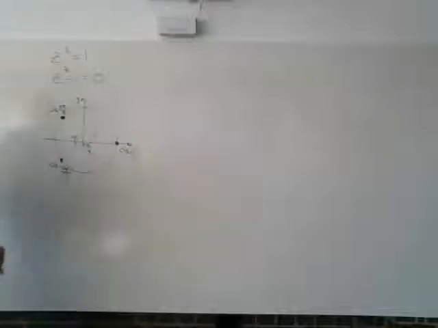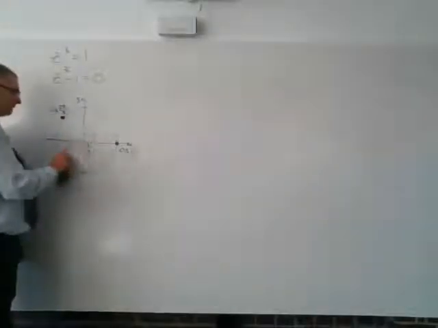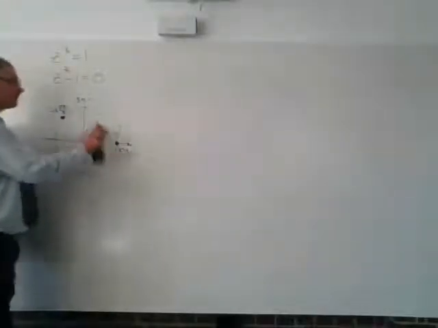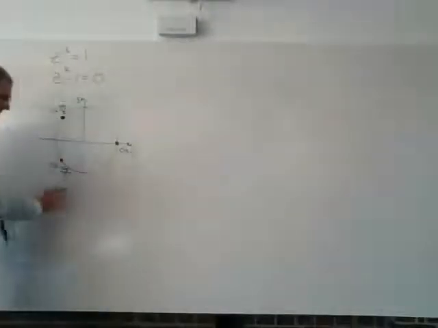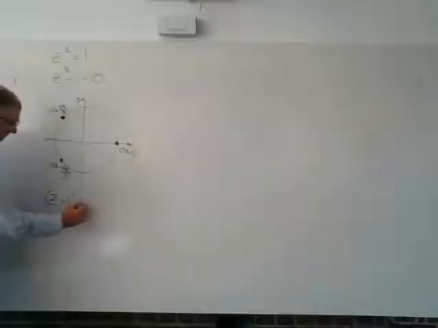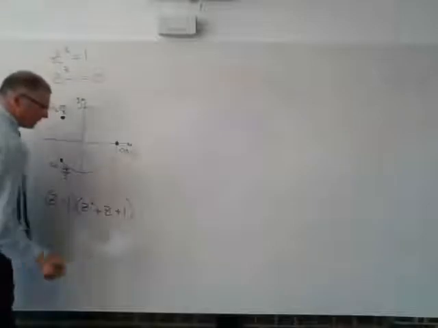So that's z cubed equals 1. It is also interesting to point out that z cubed minus 1 equals 0 can be written as z minus 1 and then z squared plus z plus 1.